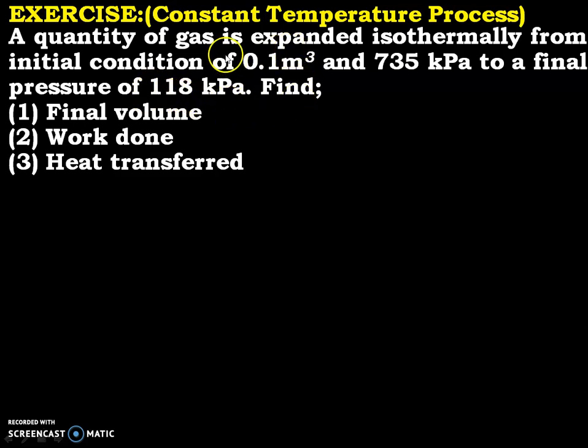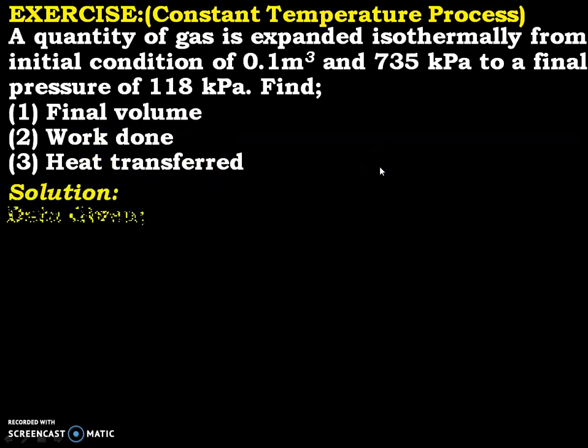It means the gas is expanded isothermally, so the process is a constant temperature process. From the initial condition they have given us volume and pressure, 0.1 meter cube and 735 kilopascal, and the final pressure, that is 118 kilopascal. Clear? And we have to calculate final volume, work done and heat transferred.